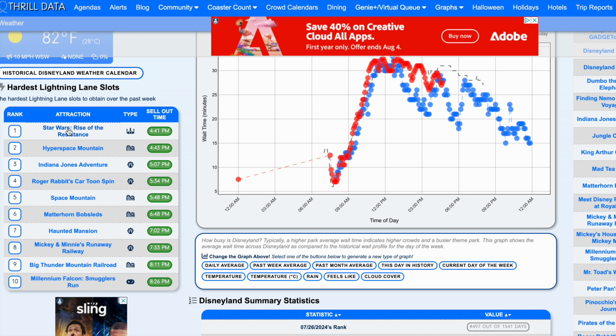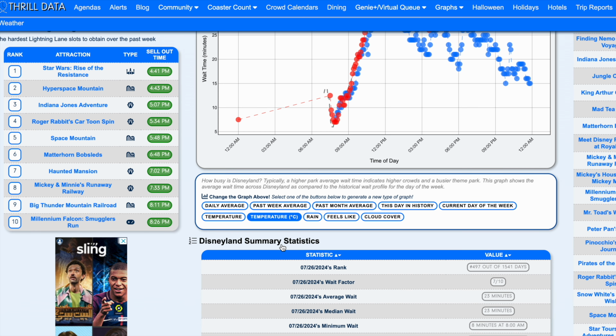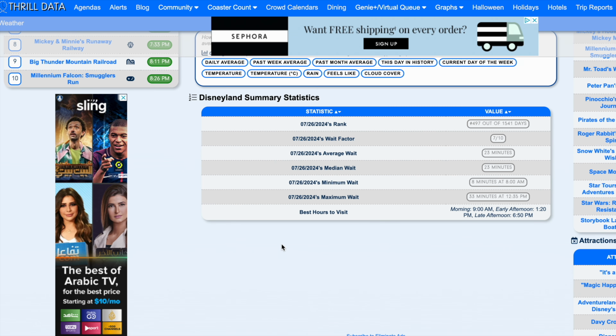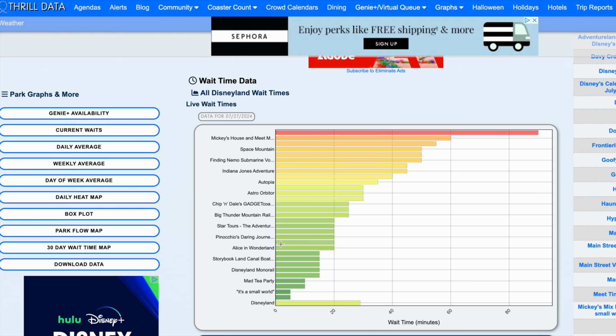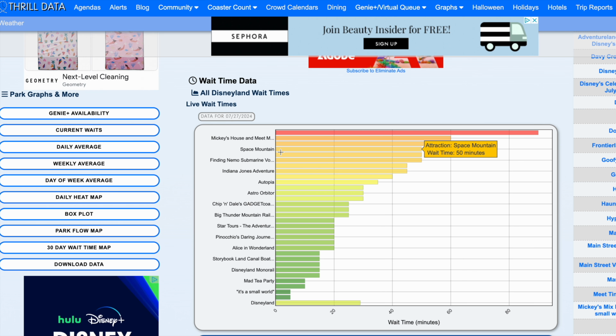So, all right, we're looking at these rides, and this shows us kind of our priority of which ones we want to get. But what I also want to do is dive in a little bit deeper and scroll down and look at the wait times. So again, this is showing us which ones have the longest wait.